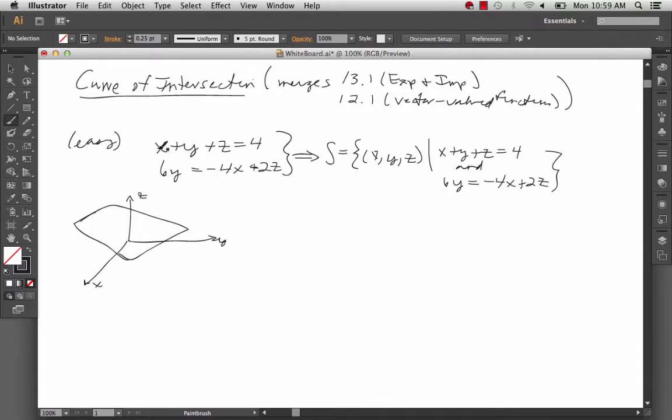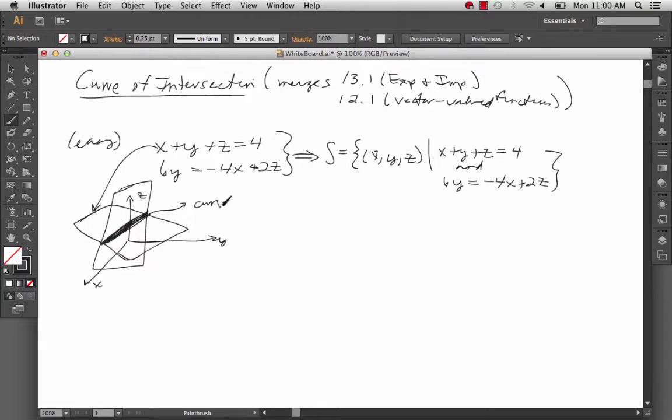If you just left it at this, you would have a subset which is the plane in R3. But since there is another object, another plane, we have to have both of those equations true. So the set of all x, y, z values that satisfy both equations is essentially the curve which lies in both of the surfaces, which in the case of two planes is going to be some sort of curve. This is what we are looking to describe.